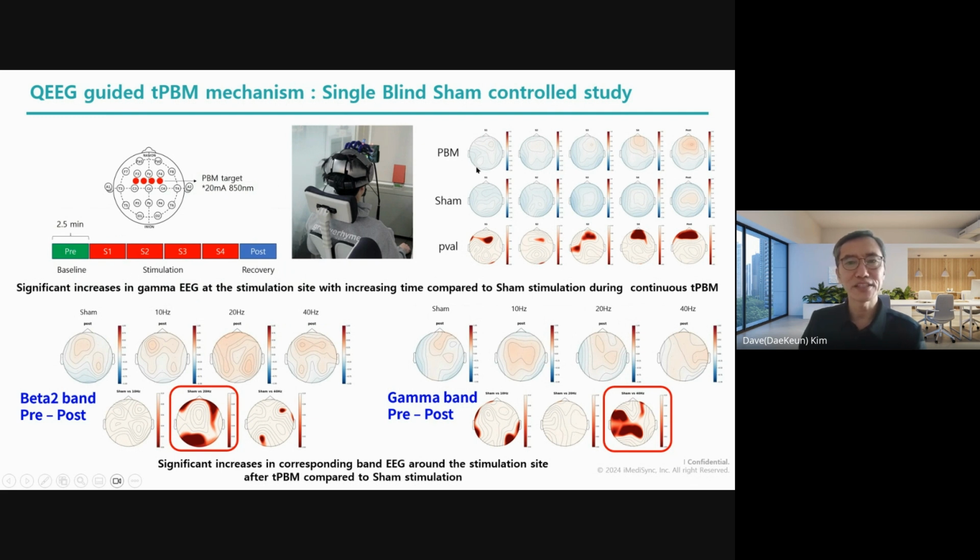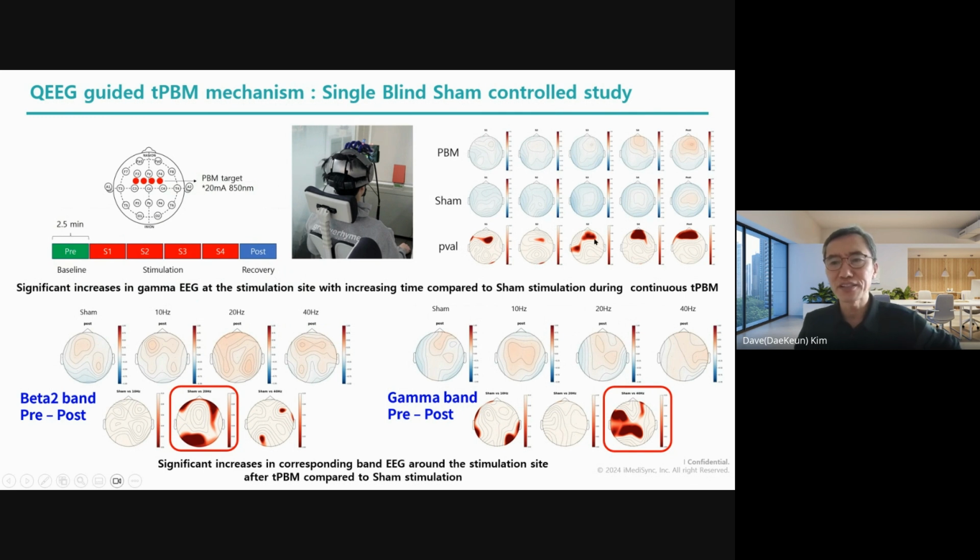And we can see that the subject cannot identify which one is the real stimulation. So this is the sham stimulation. This is the photobiomodulation, in this case continuous photobiomodulation. We can clearly see that only gamma activity is significantly changing when we use the continuous stimulation, compared to the sham.